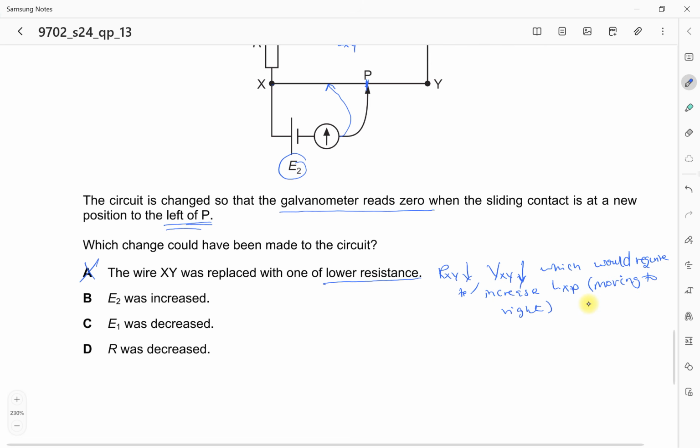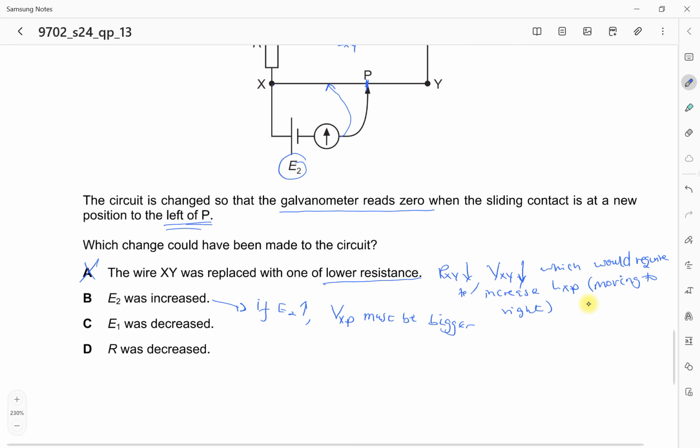Yet we have moved to the left, so this one is out. Then E2 was increased. Which change could have been made? Of course, we cannot increase E2. But even if we were to increase E2, let's inspect this. If E2 is increased, then it means the PD across XP must be bigger than before. The PD across XP must be increased.